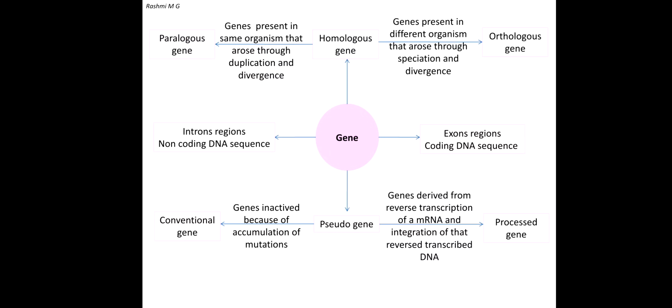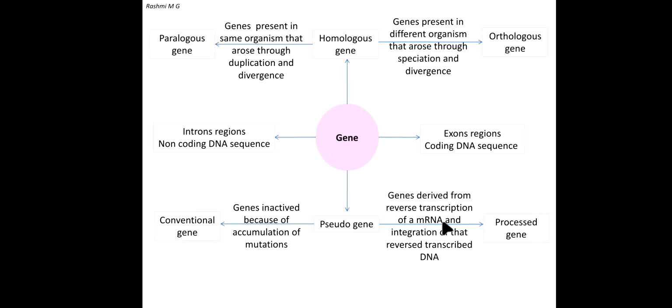Homologous genes present in the same organism that arose through duplication and divergence are known as paralogous genes. The genes present in different organisms that arose through speciation and divergence are known as orthologous genes. Pseudogenes are the false genes, inactivated because of accumulation of mutations, and that type is known as conventional genes. Processed pseudogenes are derived from reverse transcription of mRNA.